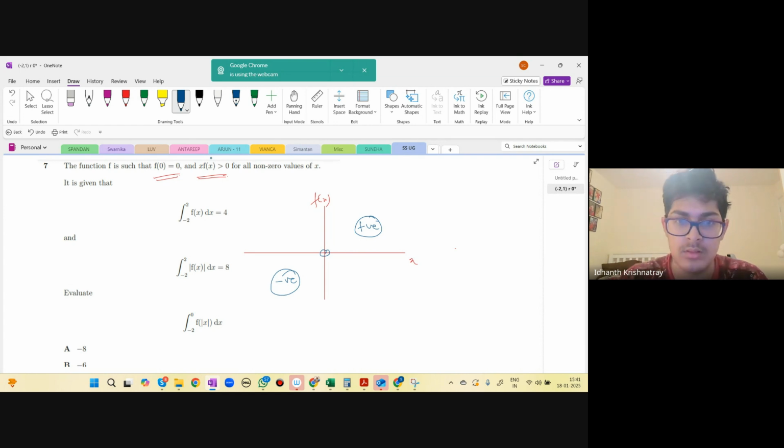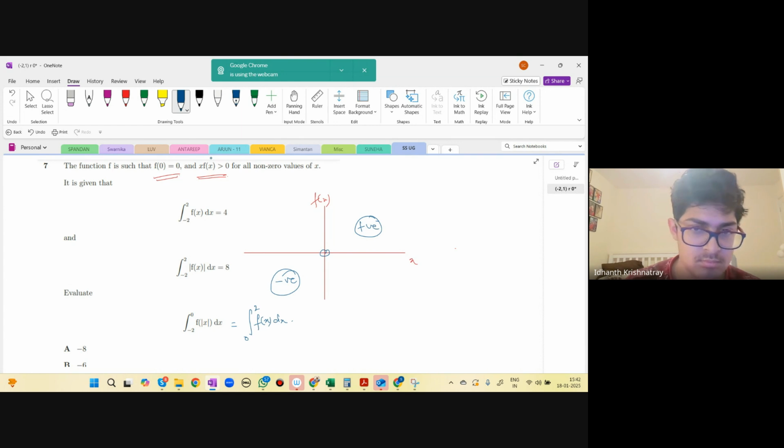So basically, this will be equal to the integral of 0 to 2 f(x) dx. That means I'm taking it in the first quadrant.